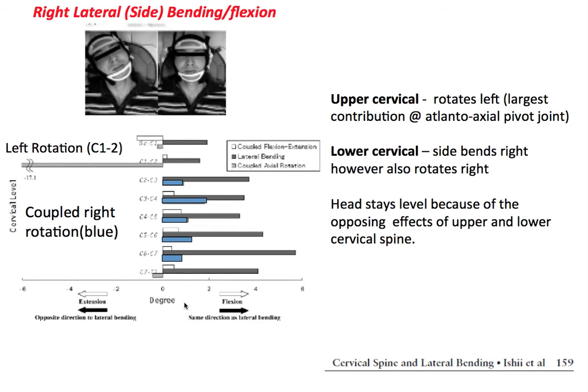Essentially, to the right is side flexion, and to the left is rotation and side bending to the opposite direction. Okay, and we can see here that there's different amounts.